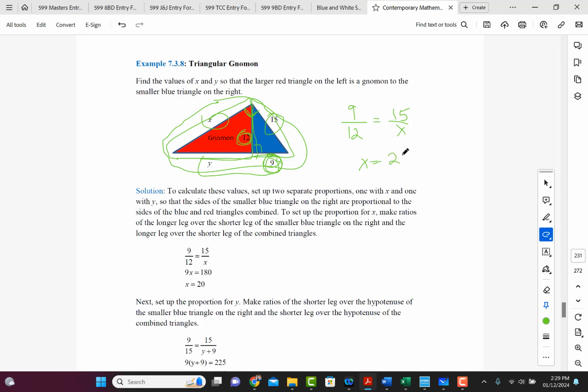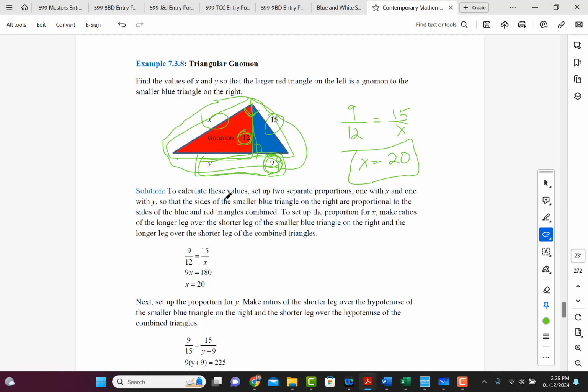Now we're not done yet. That's one condition. Now we have to set up another proportion to solve for y. Again, y corresponds to the hypotenuse of the big triangle. But we're ignoring the red triangle, right?